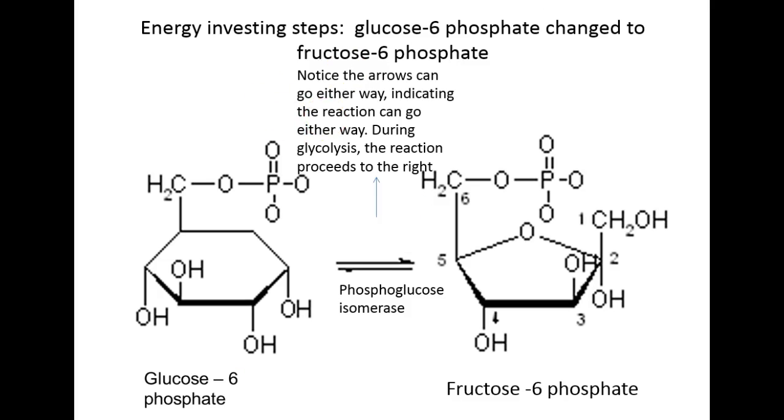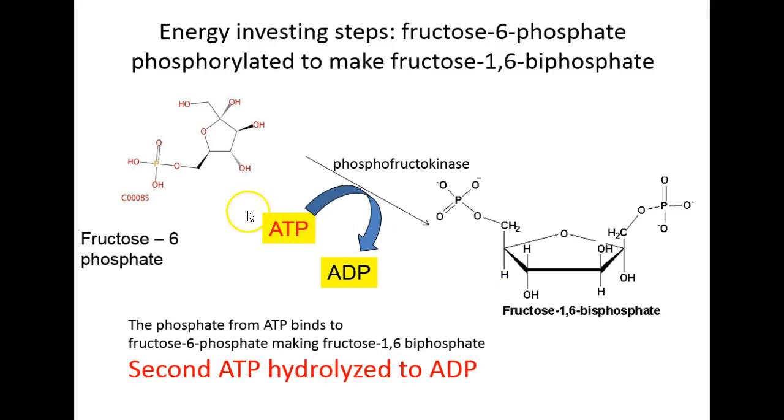The second step involves changing glucose 6-phosphate into fructose 6-phosphate. The conversion takes place via the enzyme phosphoglucose isomerase. The third step involves again another phosphorylation.